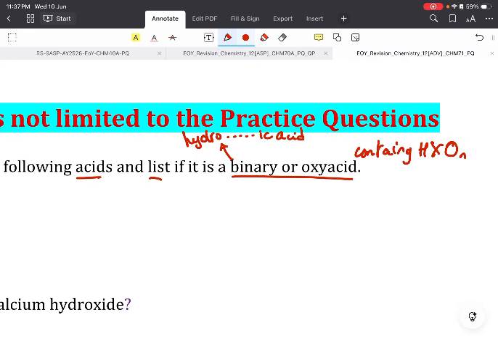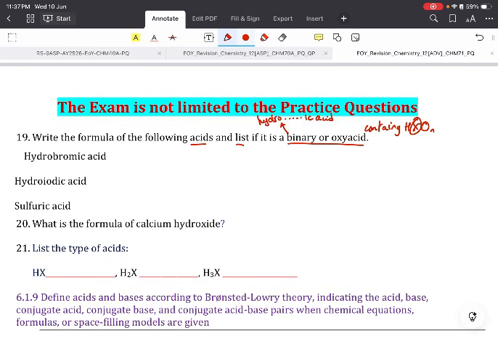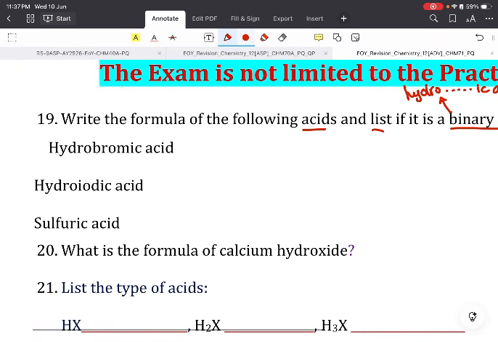And usually their name is not going to start with hydro. We immediately name the nonmetal, and we either end it with ic or us acid.